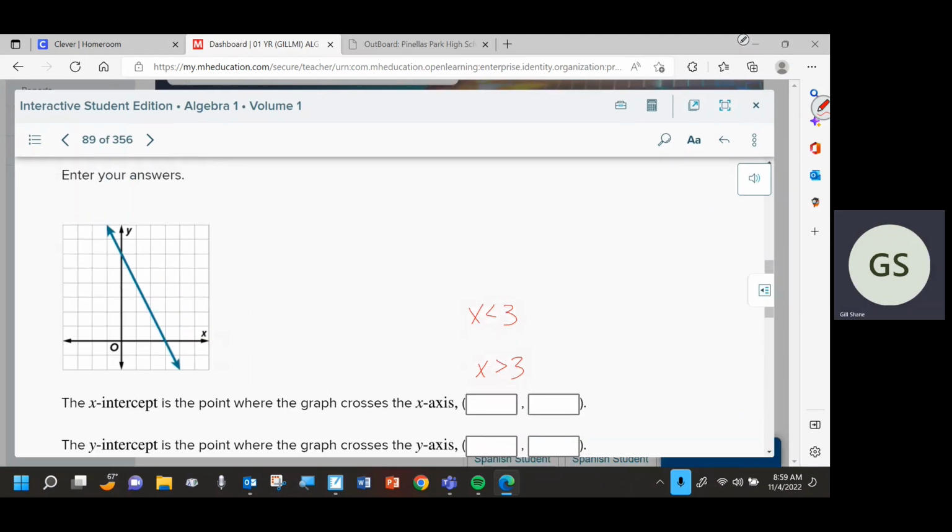If I had a line that went like this, so that red line, well, now the positive part of the graph is greater than x and the negative part is left of x. It's not always one way. Sometimes it's going to be this way, sometimes it's going to be a reverse, where it's positive when x is greater than negative 1.5 or whatever. So you need to practice. Apparently a lot of people need to practice this part of it.